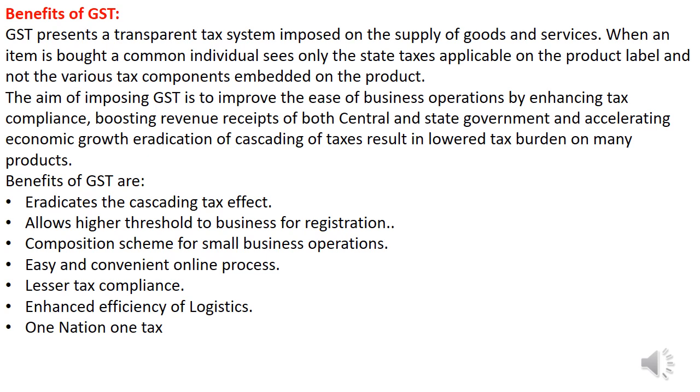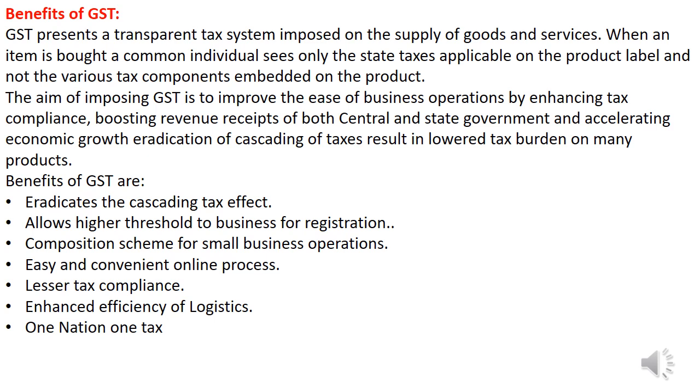The main aim of GST is to improve the ease of business operations by enhancing tax compliance, boosting the revenue receipts of both central and state government, accelerating economic growth and eradicating cascading taxes, which results in less burden on many products.